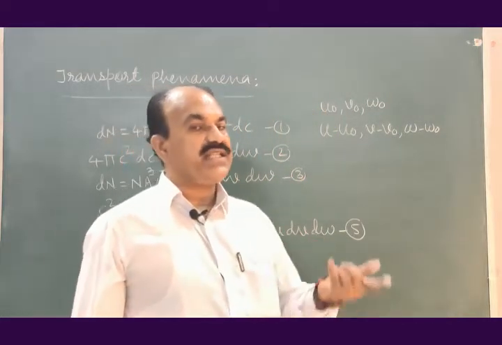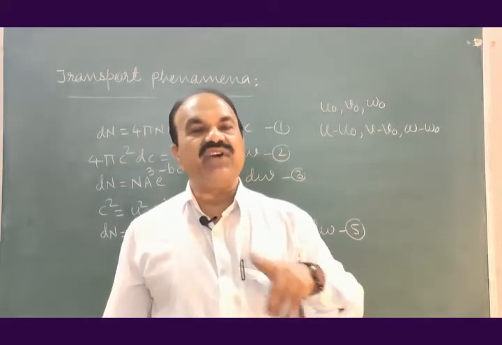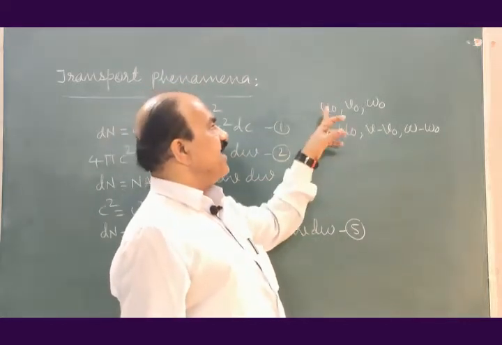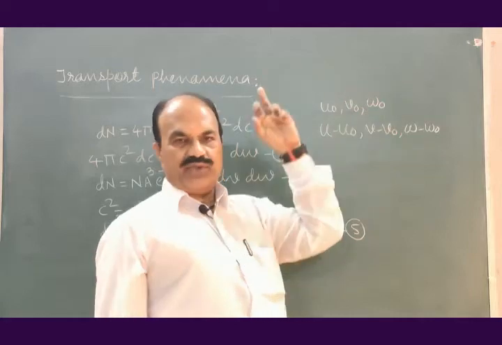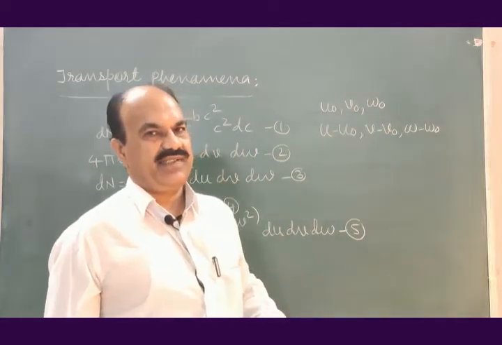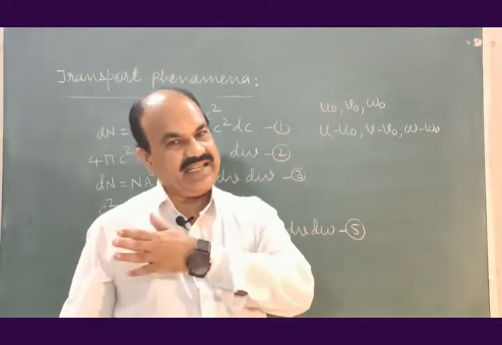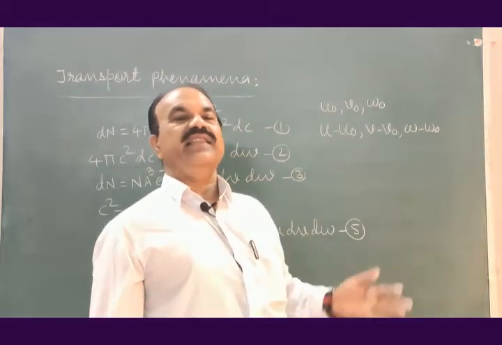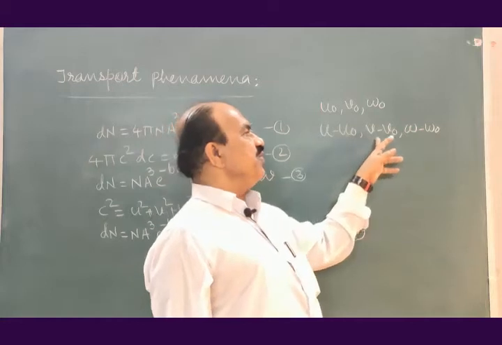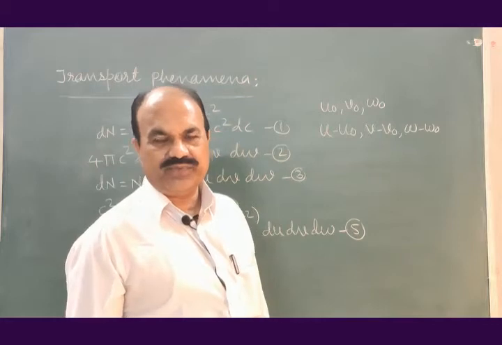When the gas as a whole has mass velocity, the mass velocity components are u0, v0, w0. The thermal velocity components, because of heat energy, the gas molecules are in motion, are given by u minus u0, v minus v0, w minus w0.